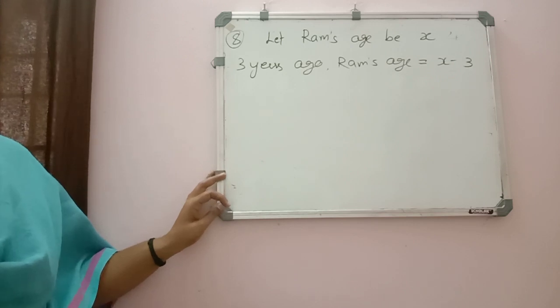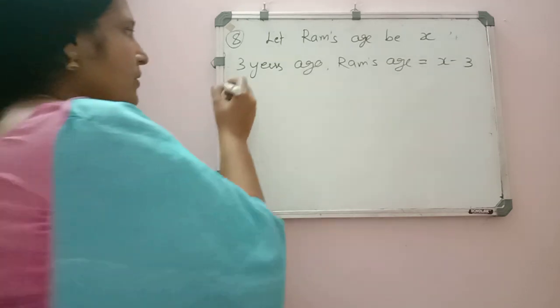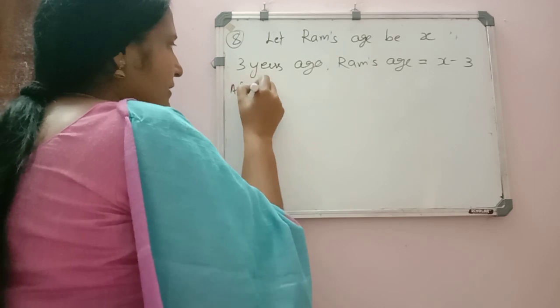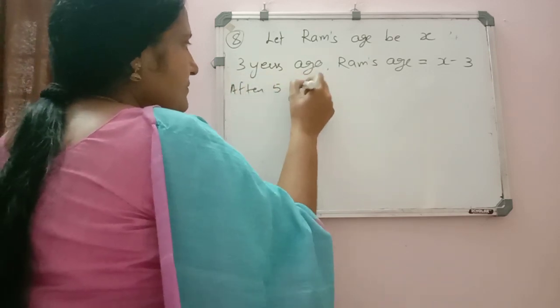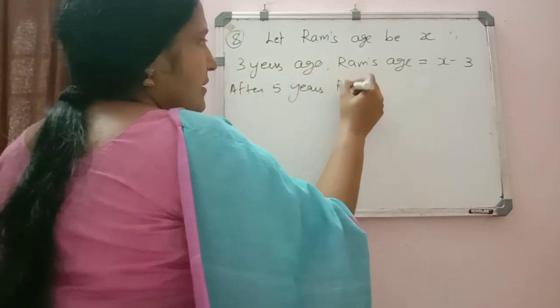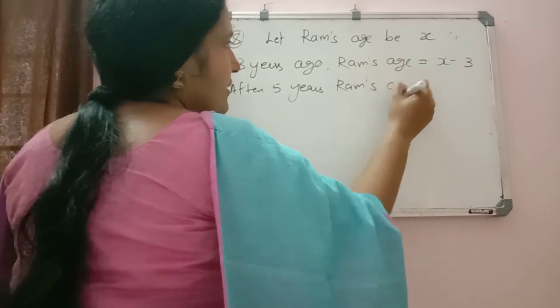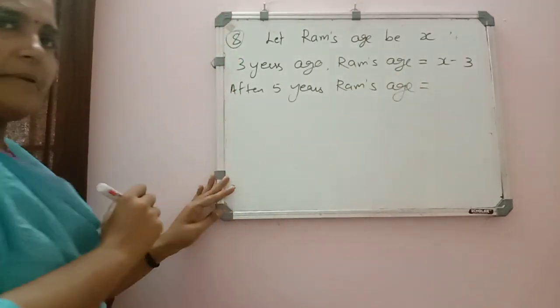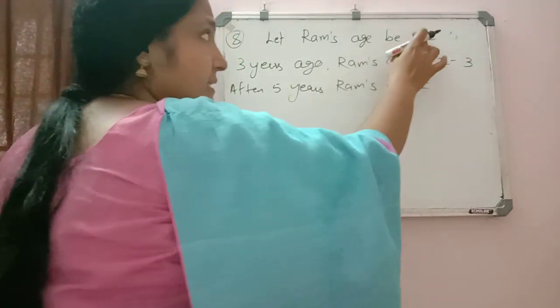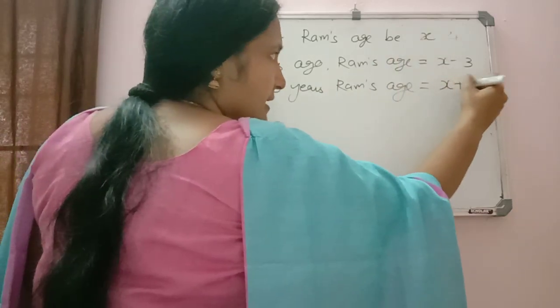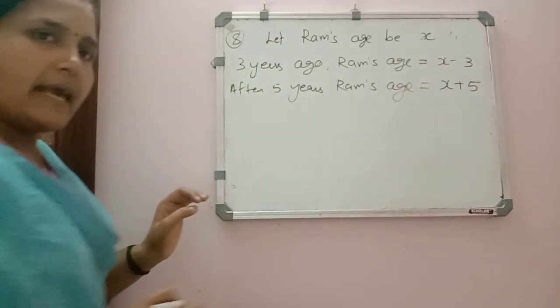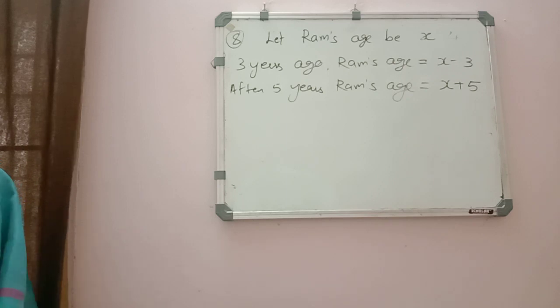And then it was written 5 years from now. Now we will write after 5 years. After 5 years, Ram's age will be, present age is x, so x plus 5. Now read the question carefully.